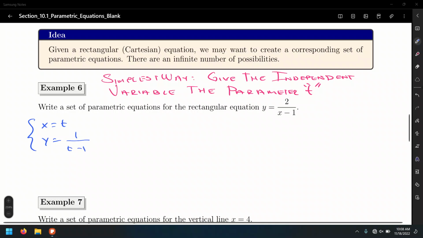So that's one example. Even though they were asking for one set, I'm going to do a few examples just so you can see how this works. Also, these parametric equations describe the path. Yes, 2 over t minus 1, thank you. So this describes the path a particle is traveling.